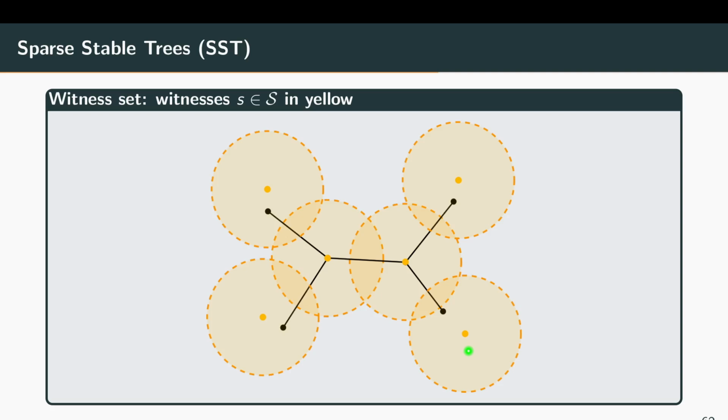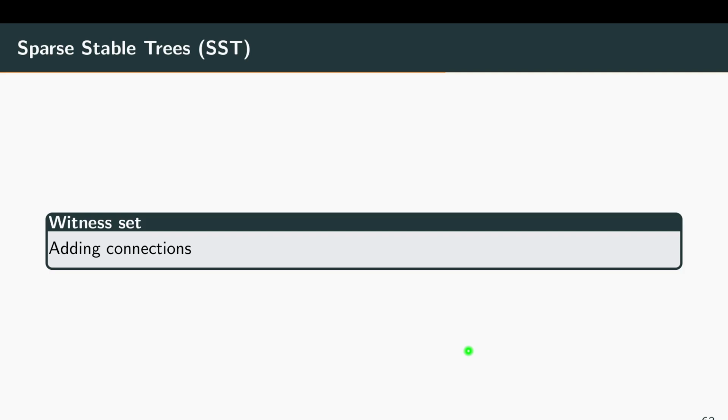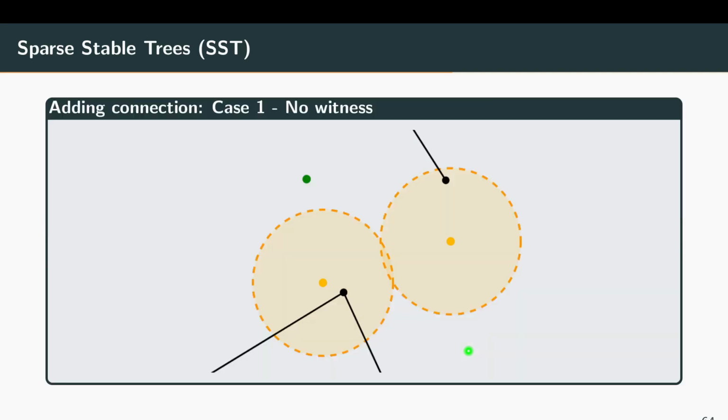Okay, and so maybe one big question is, how do we grow the tree then? Right, and so we will also look at that now. And there's kind of multiple cases, but they're actually not that difficult to think about. So the first case is that we didn't have a witness. So again, we have kind of our tree, and that's not the full tree, it's just kind of some part of it, so you can see that portions are cut out and they might be connected in parts that you can't see.